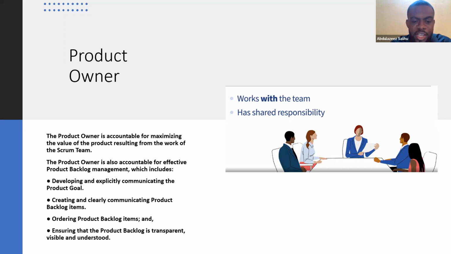So in summary, your product owner is the content authority. It is a one-man responsibility. It cannot be shared between two people. That's not what the Scrum framework recommends.